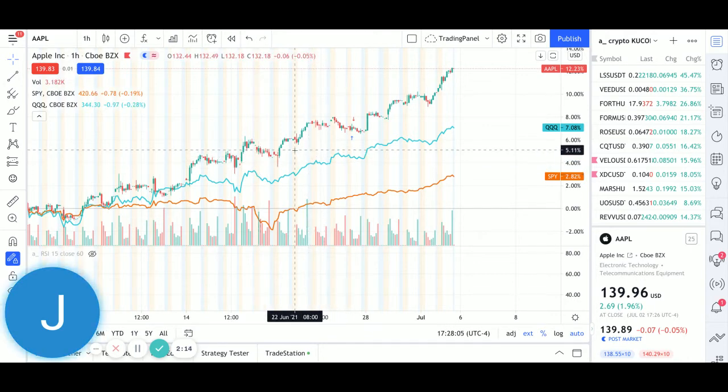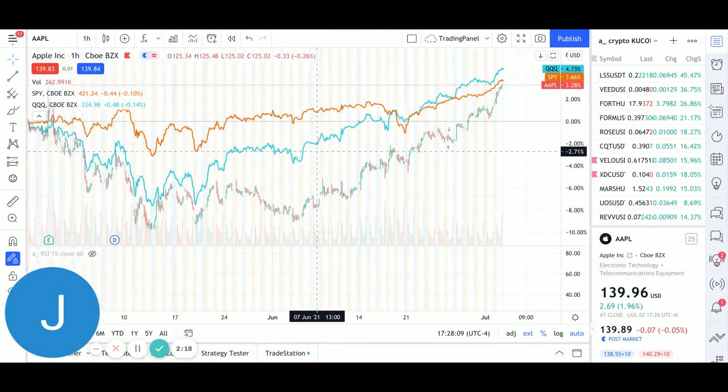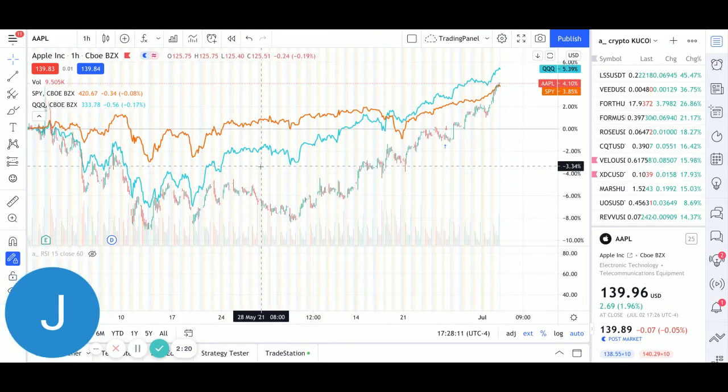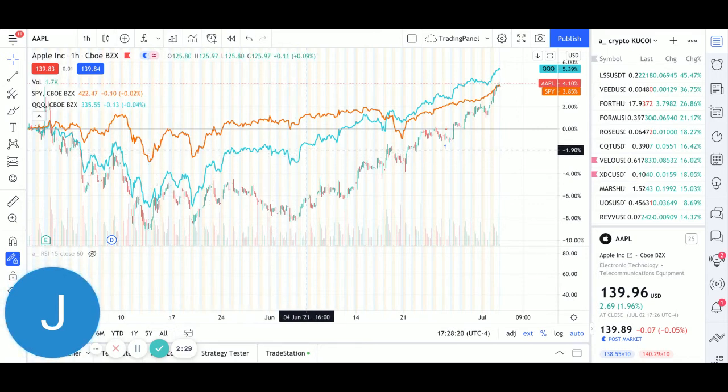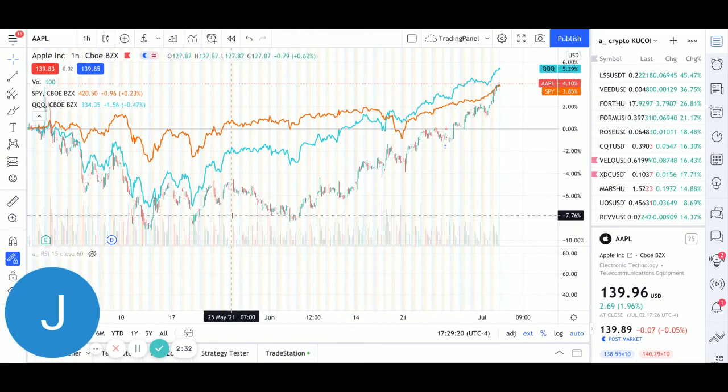So let's see what happens if we zoom out a bit and look at a longer time period. As we go to a longer time period, we see that the rate of change is actually better for the S&P 500 and the NASDAQ indexes. Now, calculating the rate of change would depend on exactly where you're starting from.